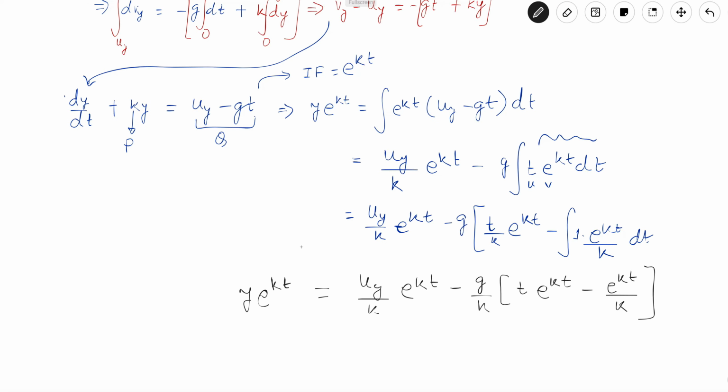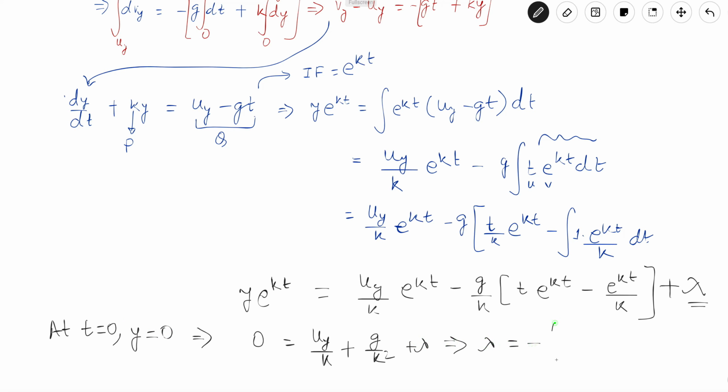So this is the first order linear equation solution, and also here you have to have the lambda, which is the integration constant. Now we can find the integration constant from the constraint, as at t is equal to 0 we have y is equal to 0. So we have the value of lambda as negative uy over k plus g over k square.